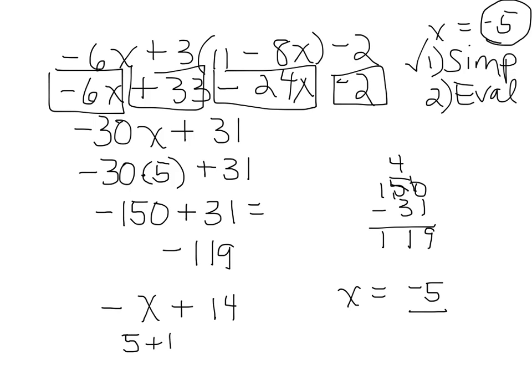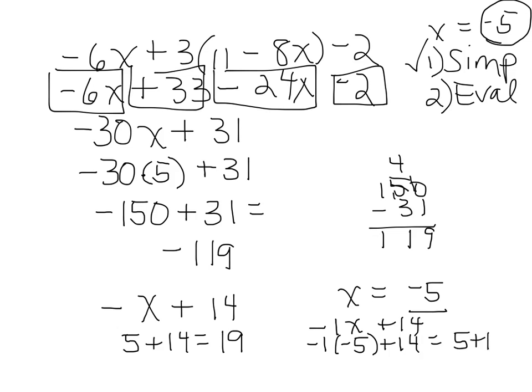So I could think of it like that, and that equals 19. Or I could remember that if there's no coefficient, then that coefficient is 1. And negative 1 times negative 5 plus 14 is equal to 5 plus 14. Same thing. Either way, you get 19. These can be a little bit tricky, but if you keep practicing, you're going to be just fine.